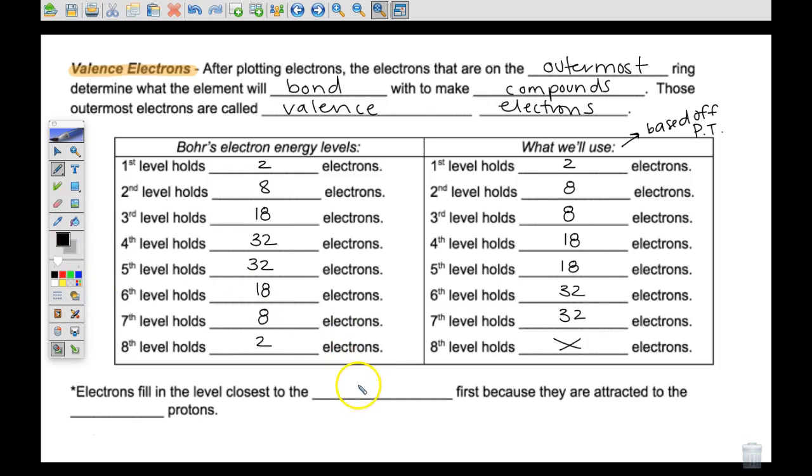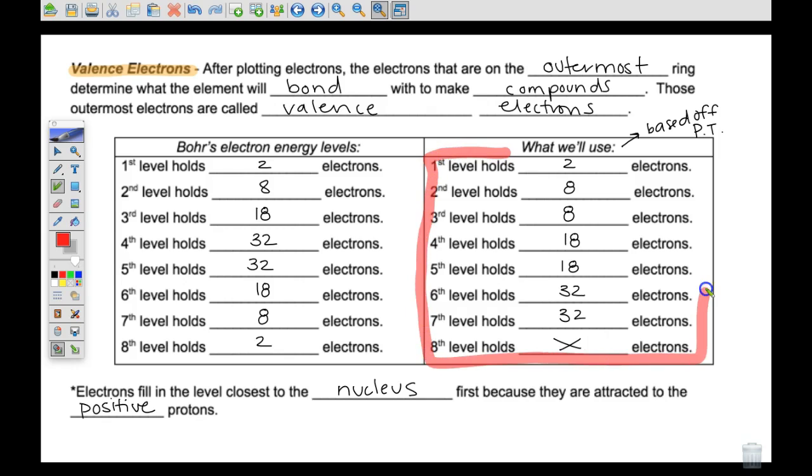As we model our atoms and diagram their electron sequences, it's important to remember that electrons will fill in the level closest to the nucleus first, because the negative electrons are attracted to the positive protons. What we're going to have to keep in mind is this box right here.